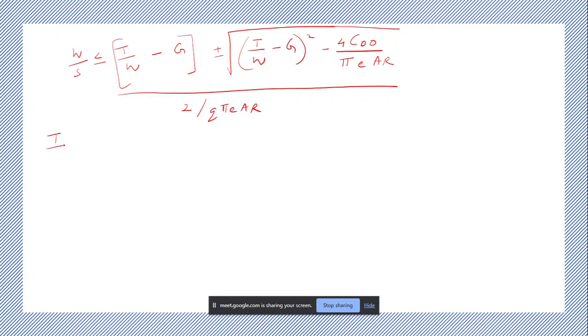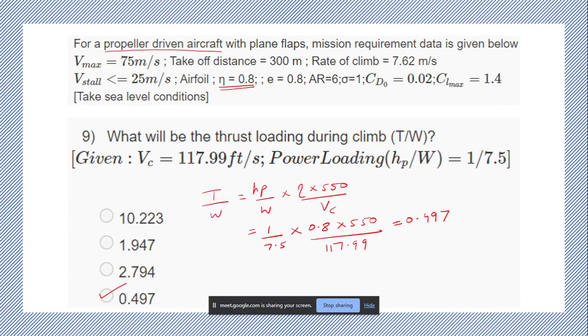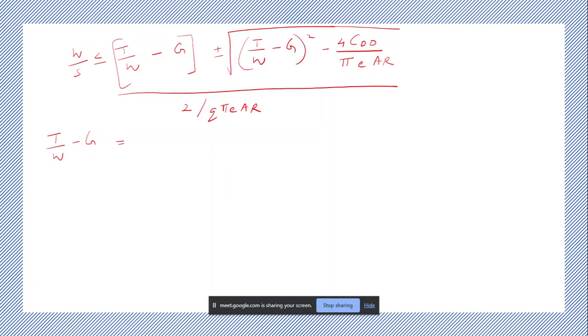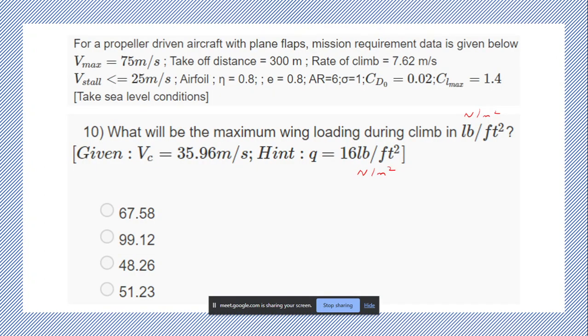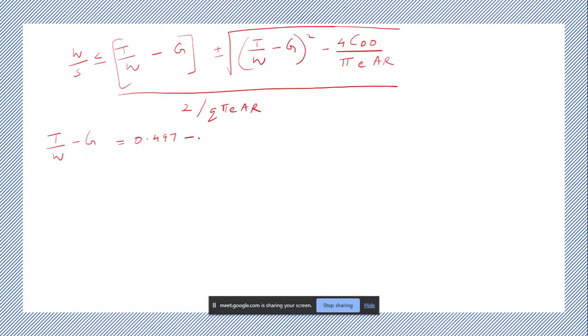So it will be thrust loading during climb. We just found it in the previous question, 0.497. Is it different? Vc is same, right? Okay, it's different. Let's just calculate it again.